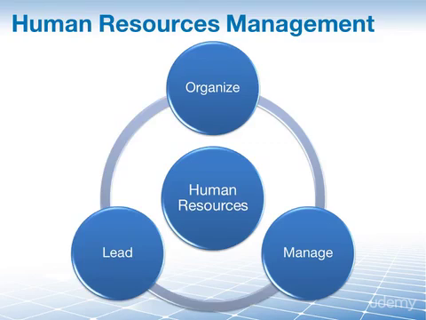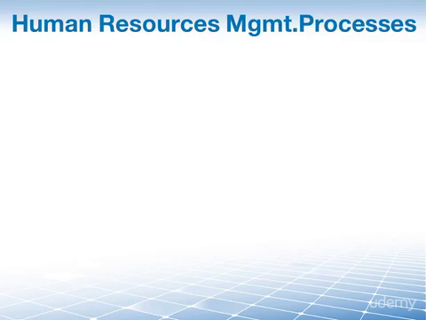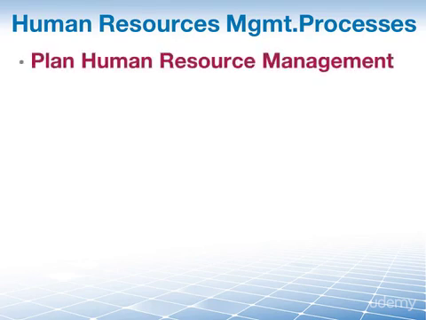Or, in the official words from the PMBOK guide, Project Human Resource Management includes the processes that organize, manage, and lead the project team. There are 4 processes in this knowledge area, and it all begins with, of course, a planning process. The Plan Human Resource Management process.